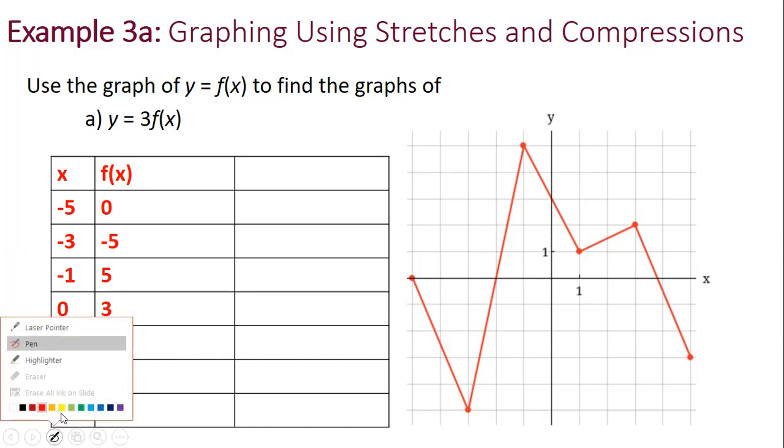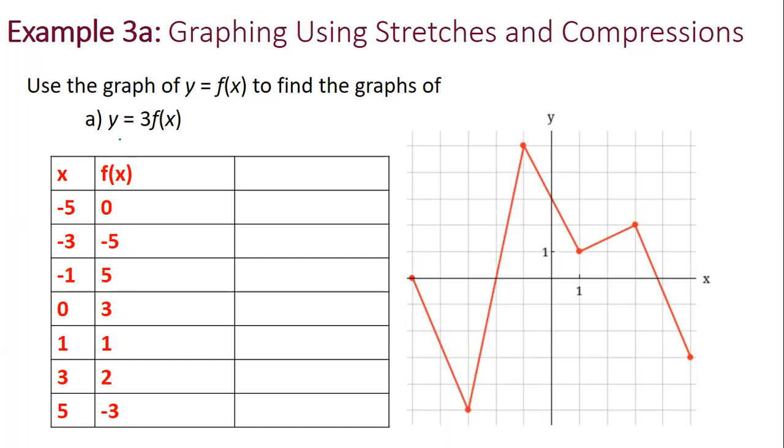It's the same concept. All right, so here it says that your new graph is going to be y equals 3f of x. Because it says y equals 3f of x, it's telling me that my a equals 3. What did we say it meant when you have a number outside of f of x? It means you're multiplying all of your y values by 3. Remember, f of x means y. So that means that we're going to take all of our y's, whatever y is, and multiply it by 3. So each one of these, I'm going to multiply by 3 in order to get my new value.